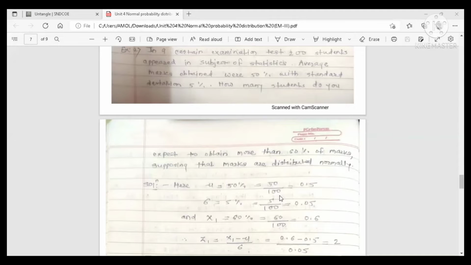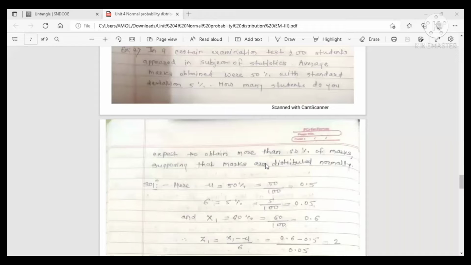Okay. Then, writing the value of mean and standard deviation, we calculate how many students we expect to obtain more than 60% of marks.